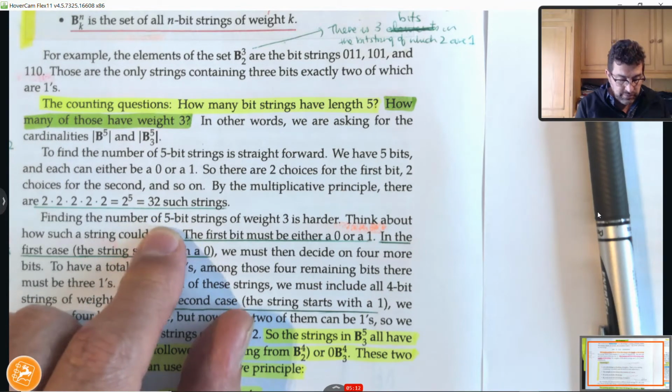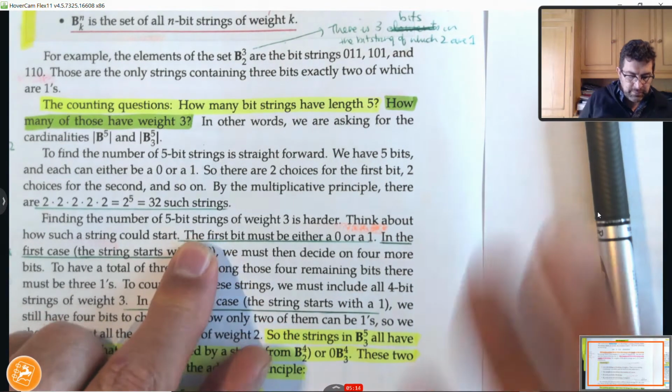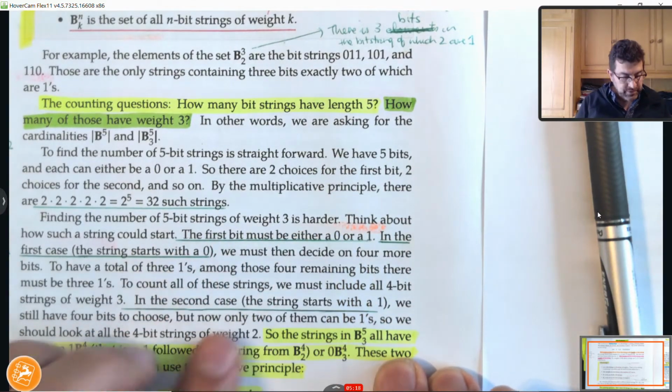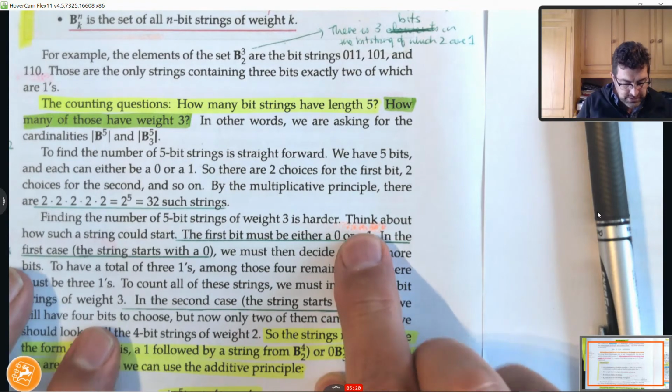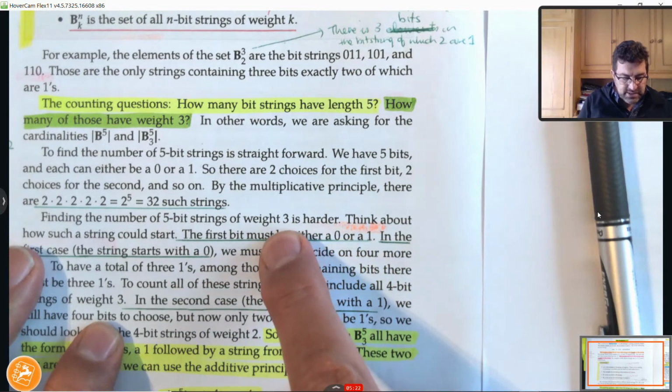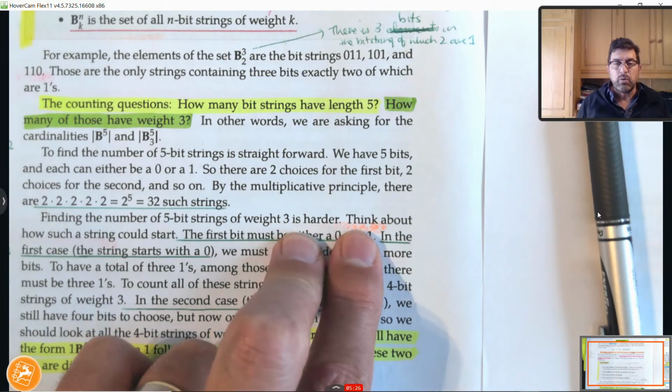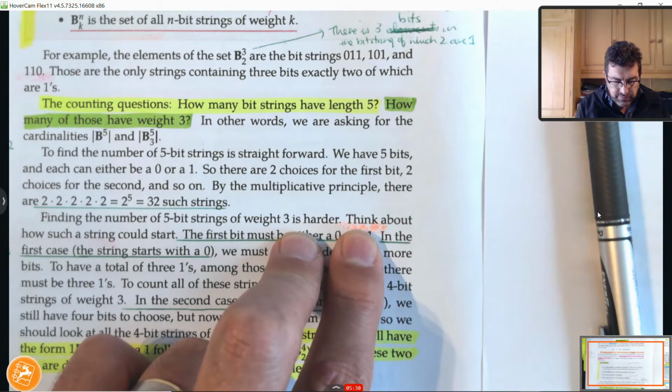Finding the number of 5-bit strings with a weight of 3 is a little bit harder. Now let's think of how you would do this. If the weight is 3, it means we have 3 ones in that bit string, and there are only 5 positions, so 0,0,1,1,1 could be an option, or 0,1,1,1,0.